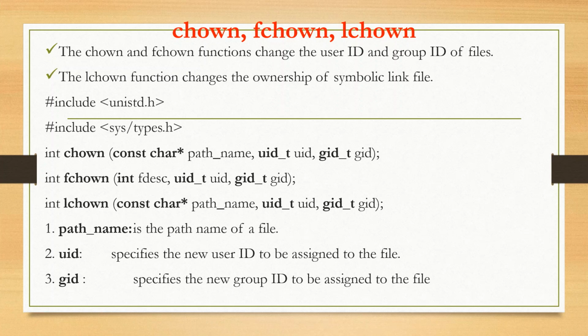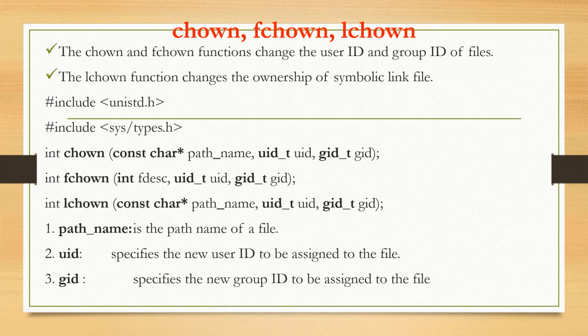The function prototype is given below. All three return an integer type, but the first uses a path name, the second a file descriptor, and the third again a path name.